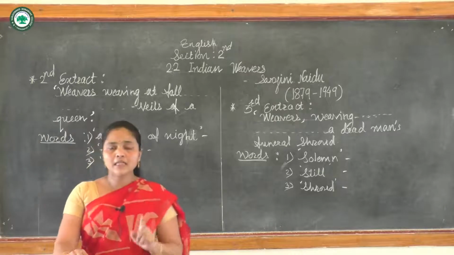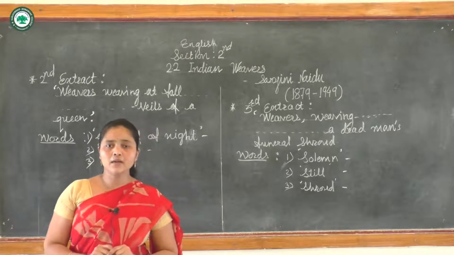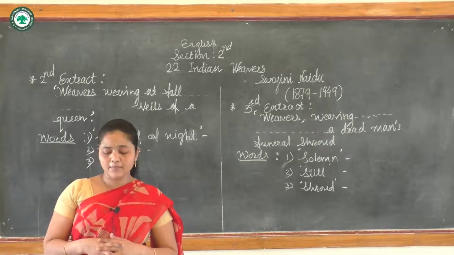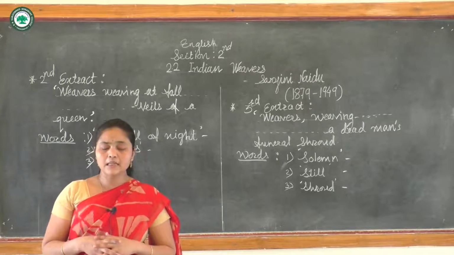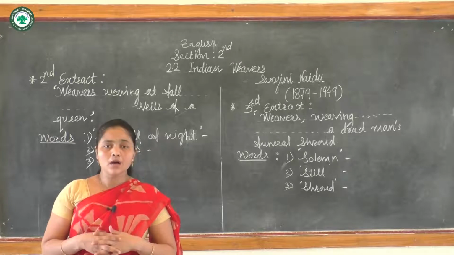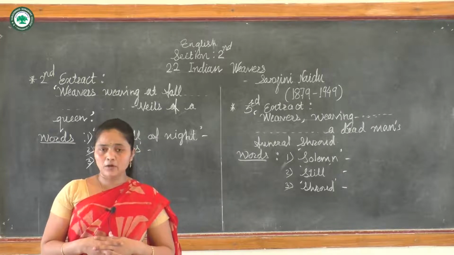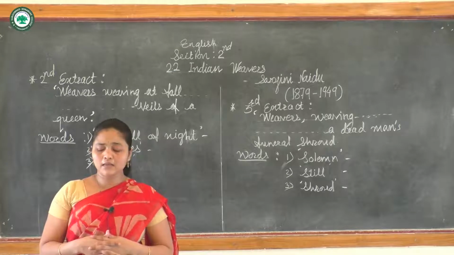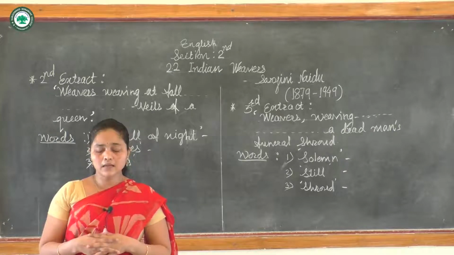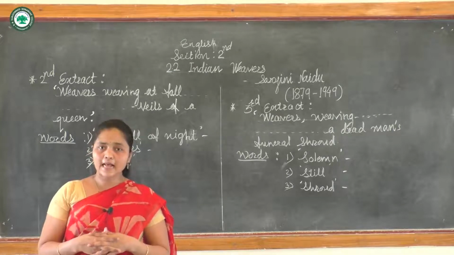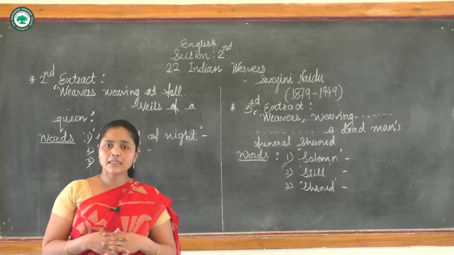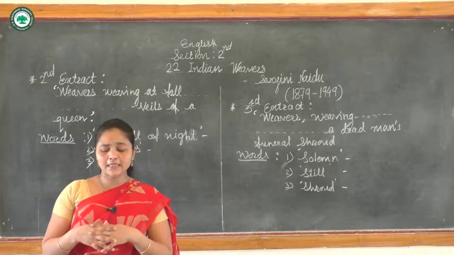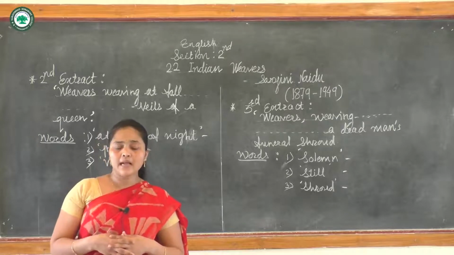Whatever the Indian weavers are weaving with their tools, this garment is definitely like the plumes of a peacock, a soft feather of a peacock. The feather of a peacock has the colors purple and green, and the garment the Indian weavers were weaving is also purple and green.